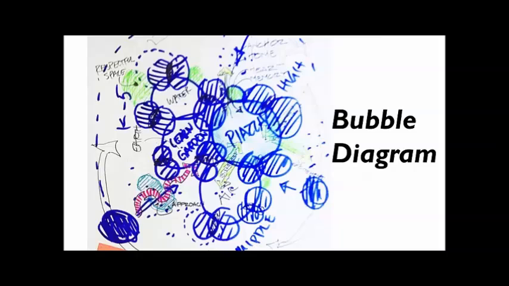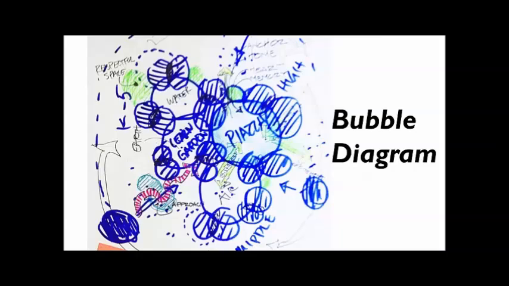Bubble diagrams are a really effective two-dimensional tool, and sometimes we use bubble diagrams early on in the design process to kind of group our ideas or organize space or organize our thoughts. It's not a floor plan, but maybe later on it will kind of influence the floor plan, but it's basically like taking each one of the spaces that are involved in the design problem.